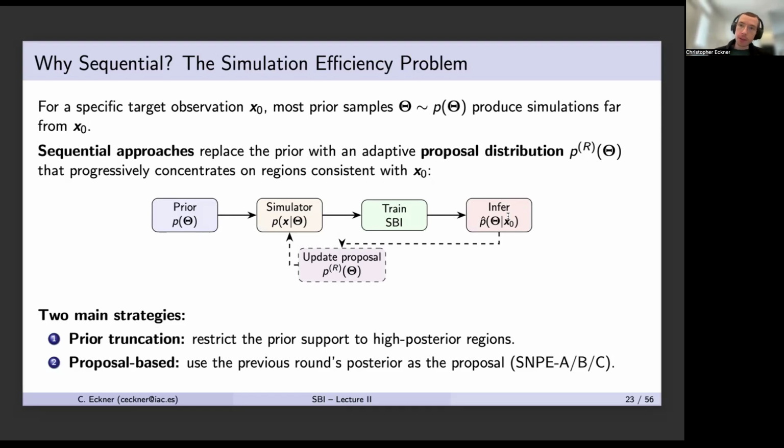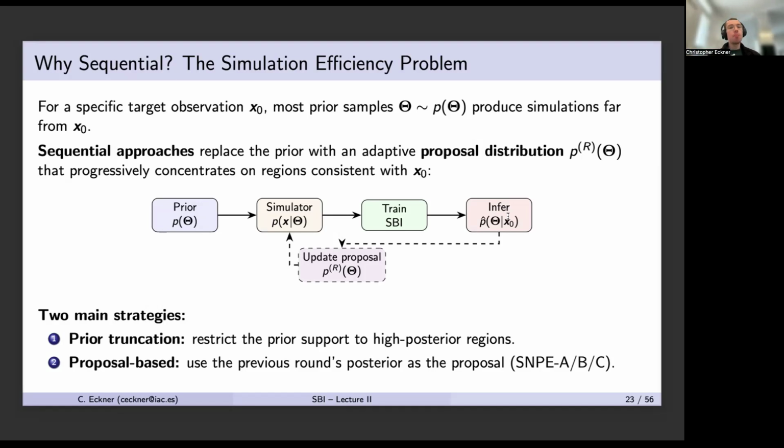But now that you have a posterior, you can ask the question, can I use this posterior as a proposal distribution for a prior of a next round of simulation and training in order to get an update on my posterior? This is exactly what you do in a sequential simulation-based inference way. You use your posterior in some way as the prior for the next rounds to start again the simulation process, the training process, and the inference process with the exact same target observation.